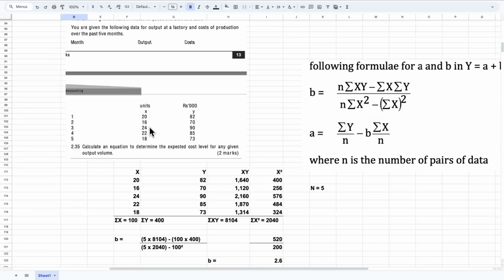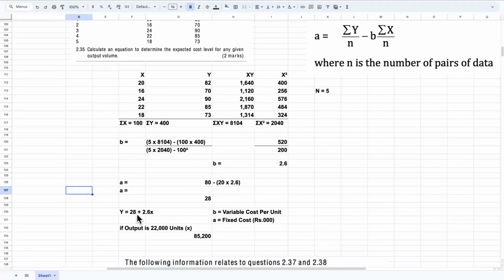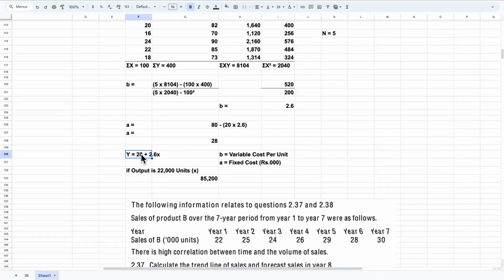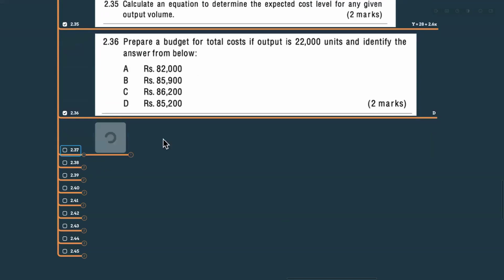In the question they have mentioned that Y is in rupees 1000, so the data 82, 70, 90, 85, 73 were actually 82,000, 70,000, 90,000, 85,000, 73,000. So 28 means 28,000 is the fixed cost here, and the variable cost we calculated using the variable cost per unit. So 85,200 is coming. That covers questions 2.35 and 2.36.